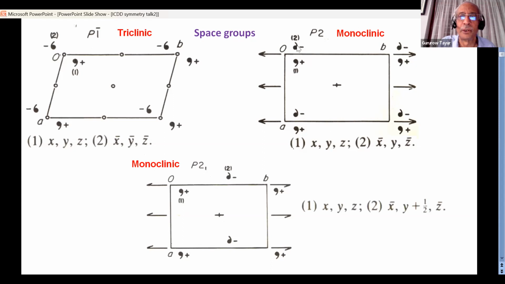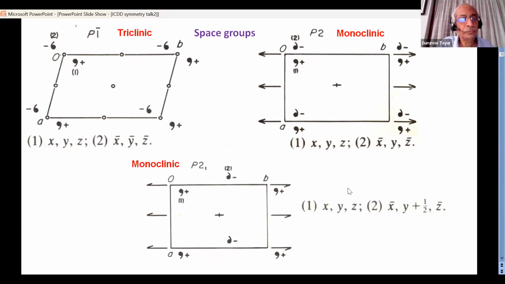This is just a twofold rotation, but this is now moved by half the unit, so it comes and occupies this position. So we have the two equivalent points, x, y, z and x bar, y plus half, z bar. This is how we understand the pictorial way of representing the equivalent points of the space group.